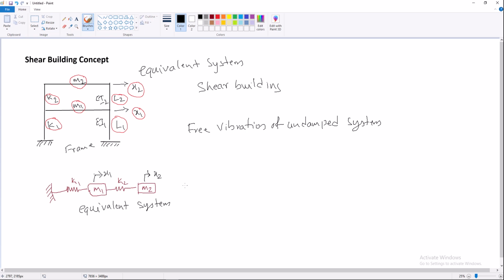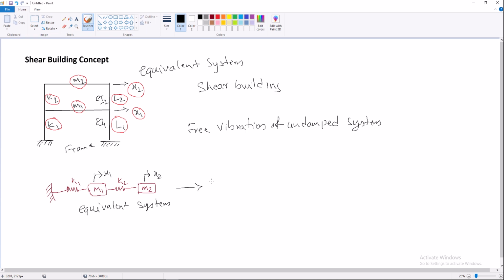So for this, I would like to take a free body diagram of this equivalent system. As we have discussed in the previous session, the equation of motion of a structure is drawn as a free body diagram for the three-story structure. Now here, for the shear building concept, I have taken a two-story structure, and that structure is written as an equivalent system, and that equivalent system is written as a free body diagram.